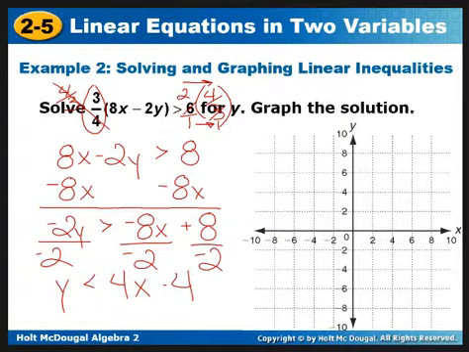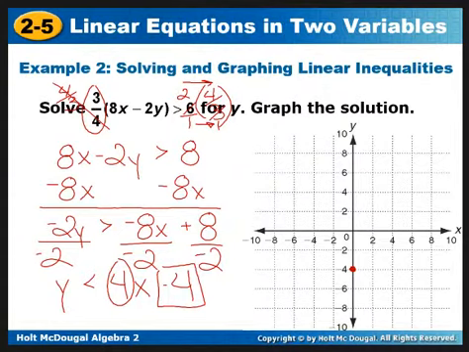All right, so I get my inequality. I have a y-intercept. I have a slope. I can graph a boundary line using that particular information. So I'm going to go down -4 on the y-axis, get my y-intercept, and then I'm going to use the slope of 4 to graph 2 more points to give me an idea what my boundary line is going to look like.